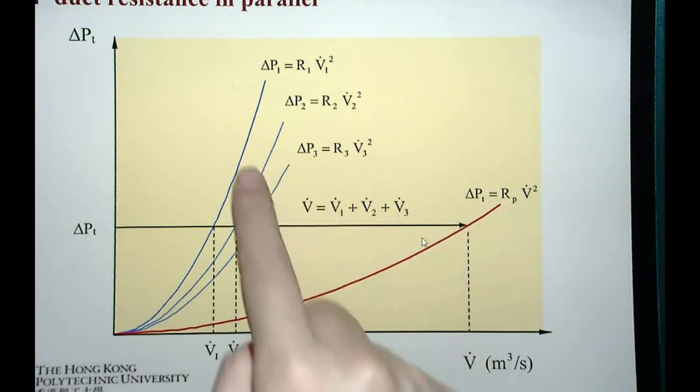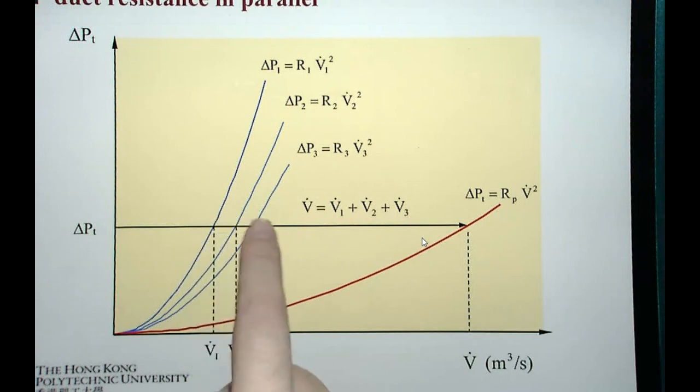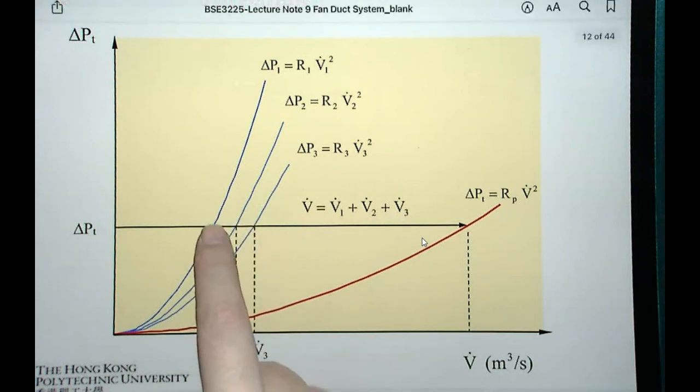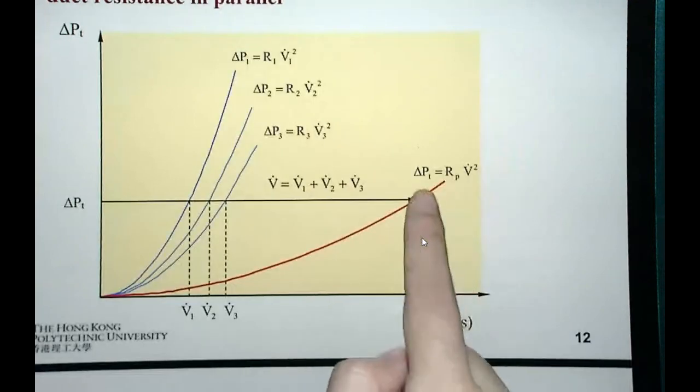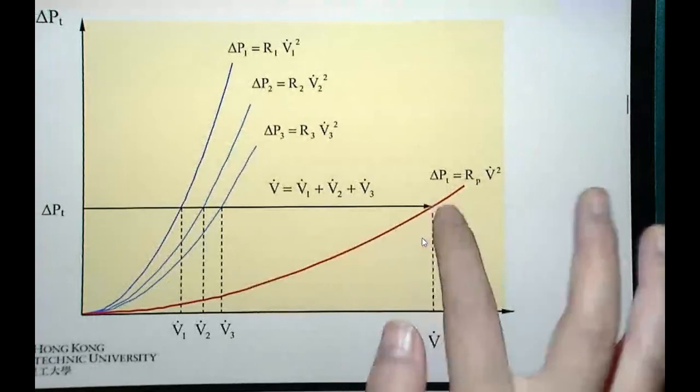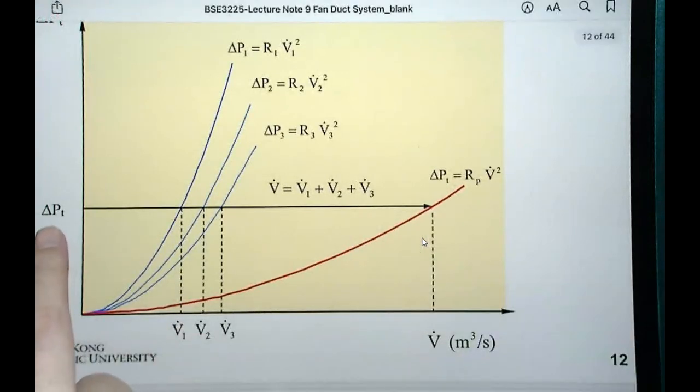So with these 3 lines, we can first of all find these 3 dots here, and with the corresponding values of these 3 dots, we can locate this 1 dot.